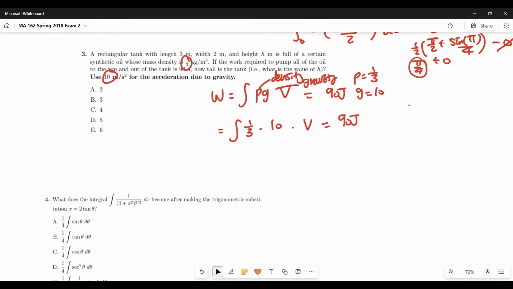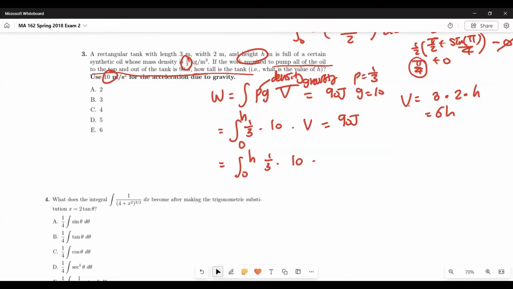And it's required to pump all of the oil from the top and out of the tank, meaning it's going to be starting from 0 to H height. We're given that the volume is rectangular, so 3 times 2 times H, which is 6H. So it's from 0 to H, 1 over 3 times 10 times 6H equals 9 joules.